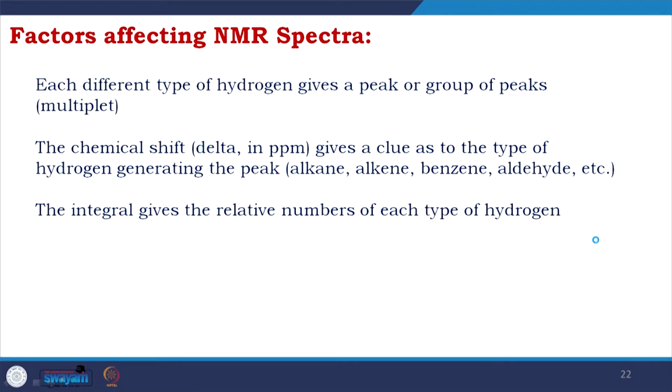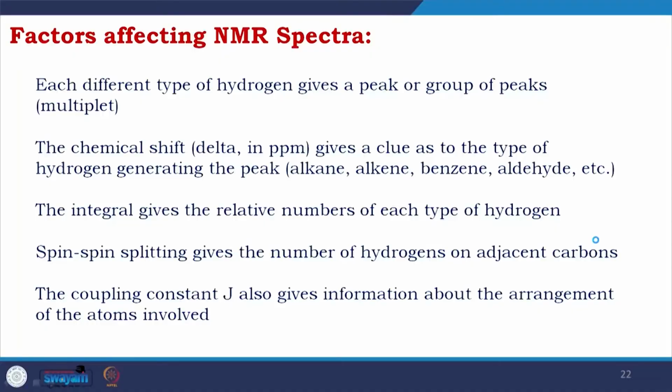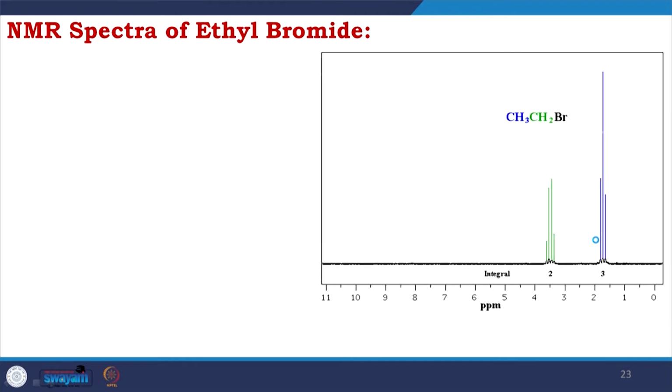The integral gives the relative number of each type of hydrogen, 3 larger than 2, that is the integral we talked about. Spin splitting gives the number of hydrogens on the adjacent carbon, n plus 1: for these 2 plus 1, 3; for these 3 plus 1, 4. The coupling constant J also gives information about the arrangement of the atoms involved, which is coming from Pascal's law.